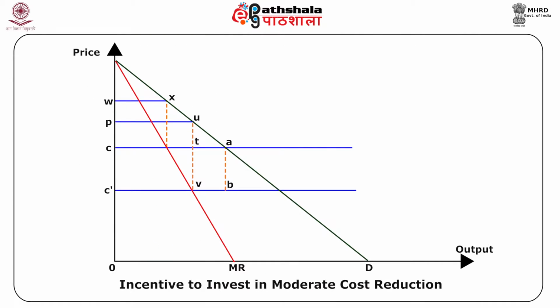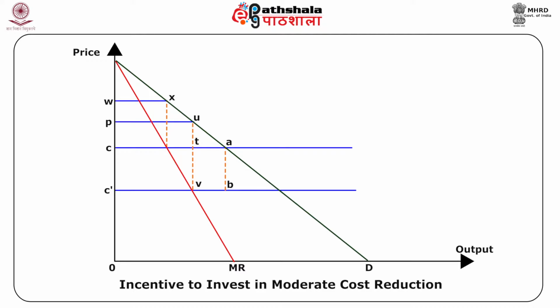The second case of Arrow is based on moderate cost reducing invention and presented in the figure, where technical progress results in a decline in cost from C to C dash. In the competitive case, the inventor can set a maximum royalty C dash, since a higher royalty makes the invention not worthwhile for the competitive firms.